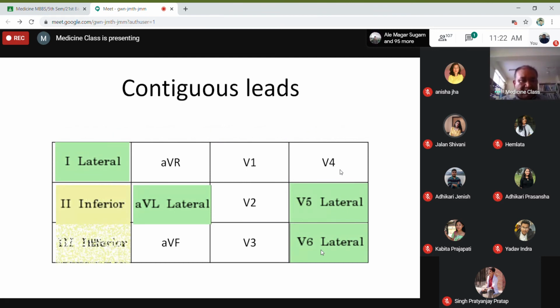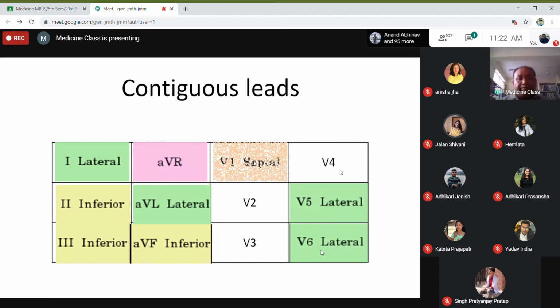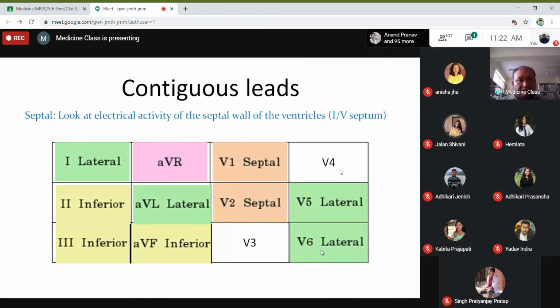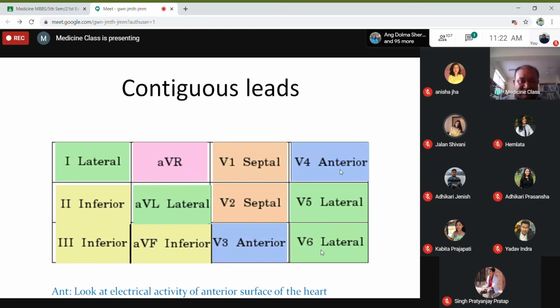Inferior leads are 2, 3, AVF, which look at the heart from the inferior surface. AVR is the right-sided lead. V1 and V2 look at the electrical activity of the septal wall of the ventricles, and V3 and V4 are called anterior leads.